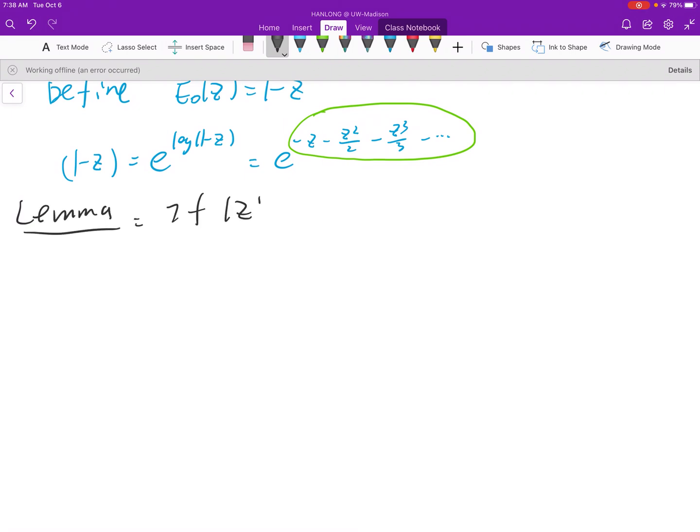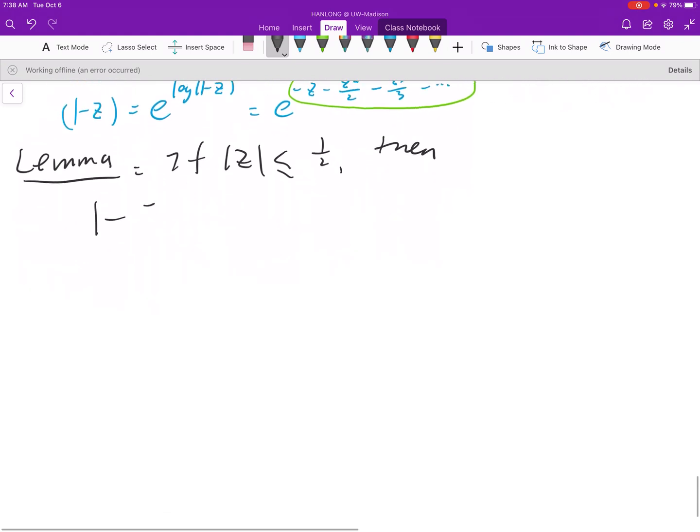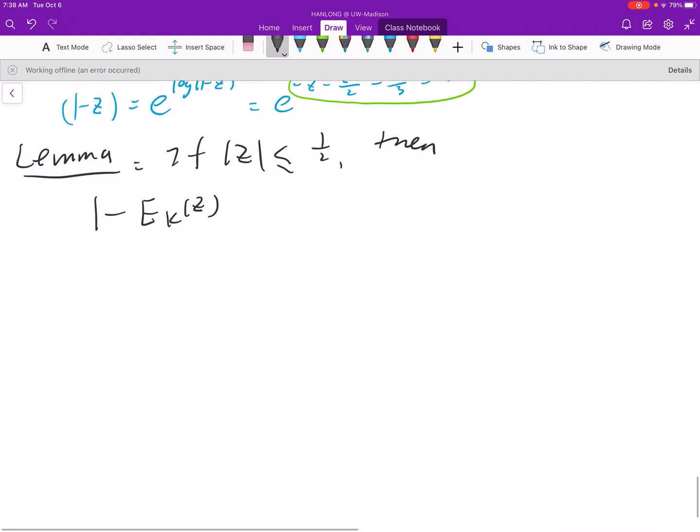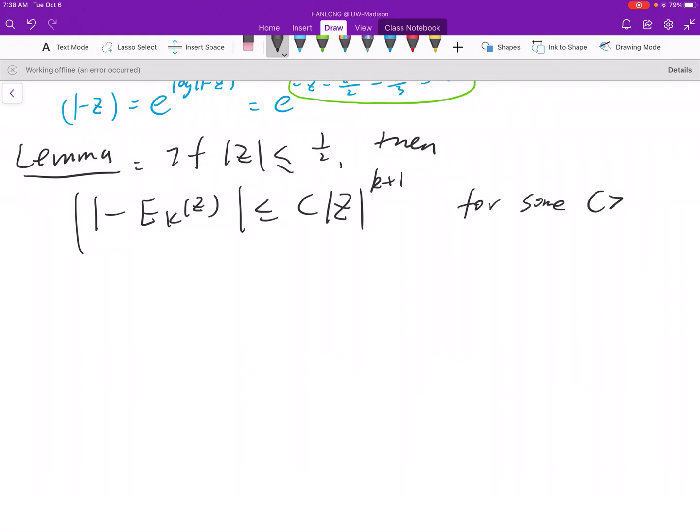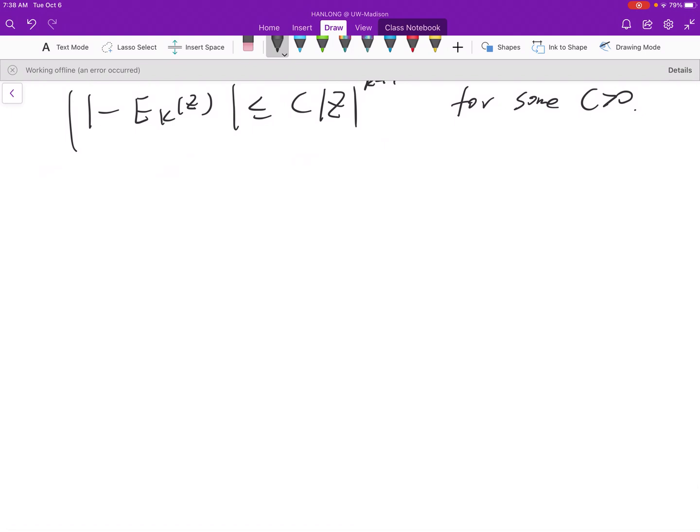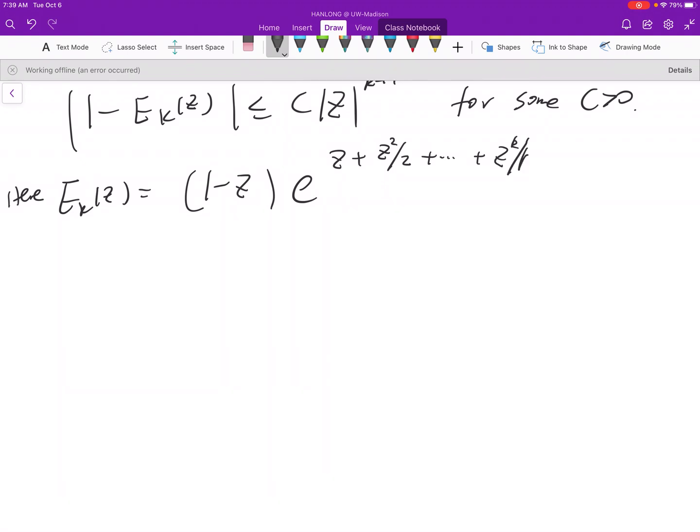If norm of z is less than or equal to 1/2, then the norm of 1 minus Ek(z) is less than or equal to c times norm of z to the power k plus 1, for some c greater than 0. And here Ek(z) is defined by 1 minus z times exponential of z plus z squared divided by 2 plus all the way up to z to the k divided by k.